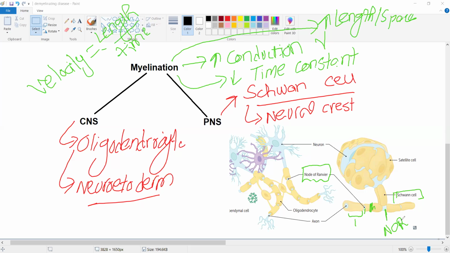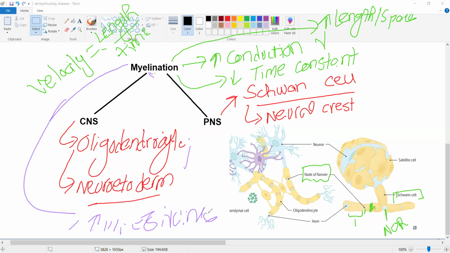So myelination increases the membrane resistance. This is again important stuff. It increases the resistance while decreasing capacitance.